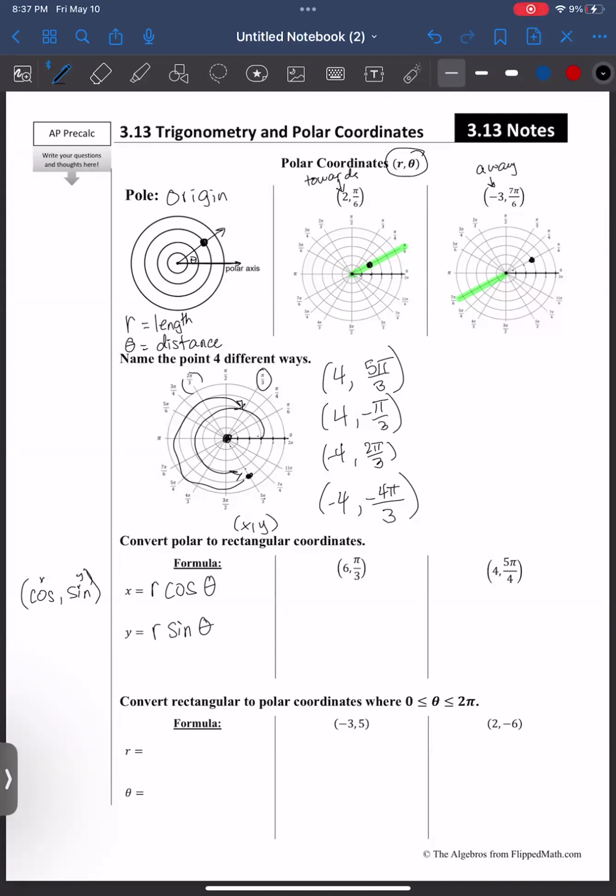Well, all I need to do is say, okay, in this example, I need to get my x value. I need to go ahead and say 6 times the cosine of pi over 3. Okay, well, according to my unit circle, the cosine of pi over 3 is 1/2, which equals 3.